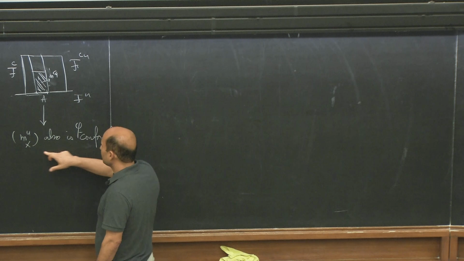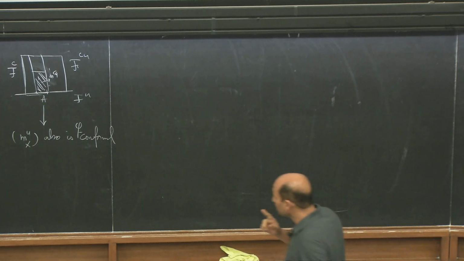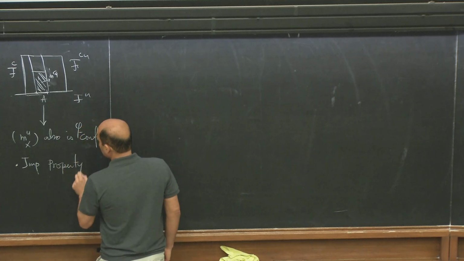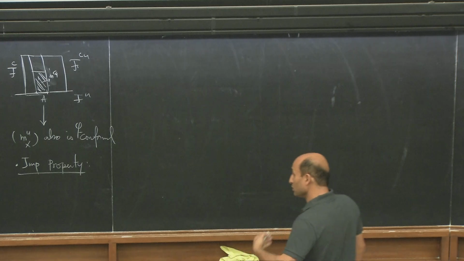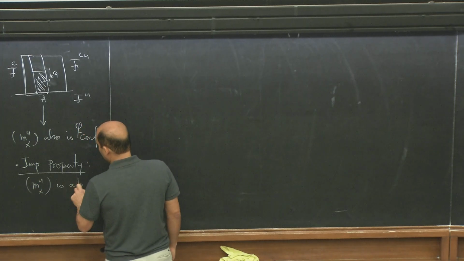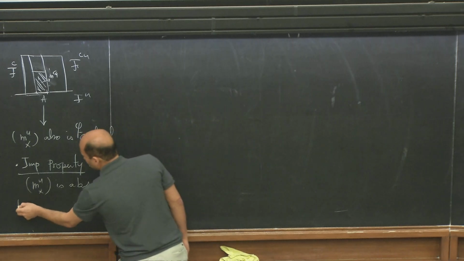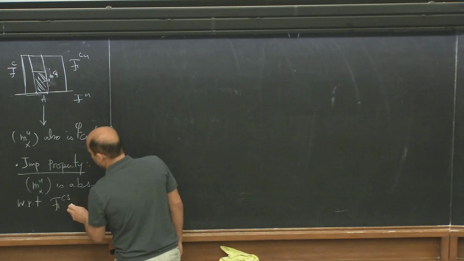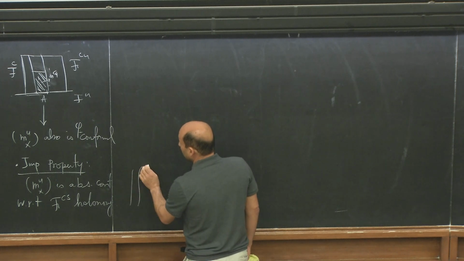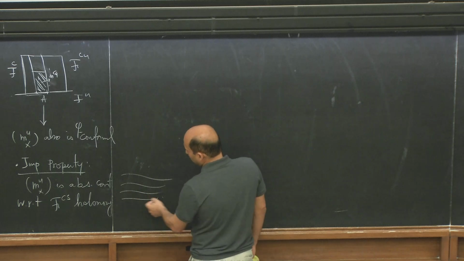And so this is really the candidate for the disintegration of the measure on the unstable foliation. One of the most important properties of these measures, which enables us to use Hopf-type arguments, is that MUX is absolutely continuous with respect to the FCS holonomy. This means that if you consider the unstable foliation, horizontal, you have measures on leaves.